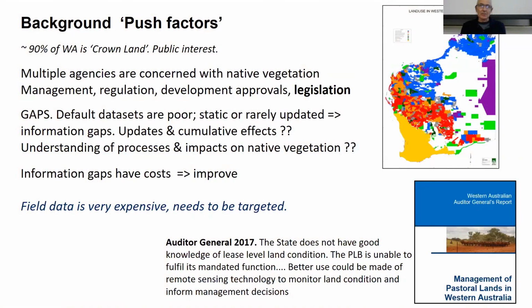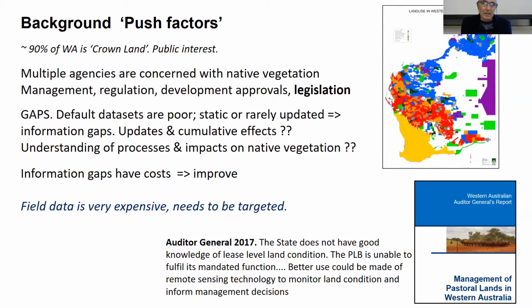So it's good to start by examining what drove WABC to commission the report and why it was actually done. The bigger context is that 90% of Western Australia is effectively vested in the government as Crown land, and the government has an obligation to manage it in the public interest long term.